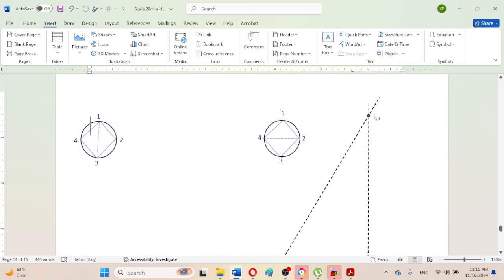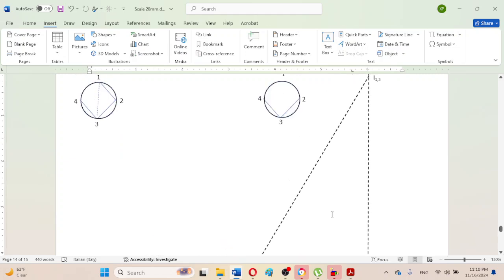As we can observe, the unknown instant center I2 comma 4 will be located on the line connecting the permanent instant center of link number 2 and 3rd, which is I2 comma 3, and the line connecting the permanent center for link number 3rd and link number 4th.